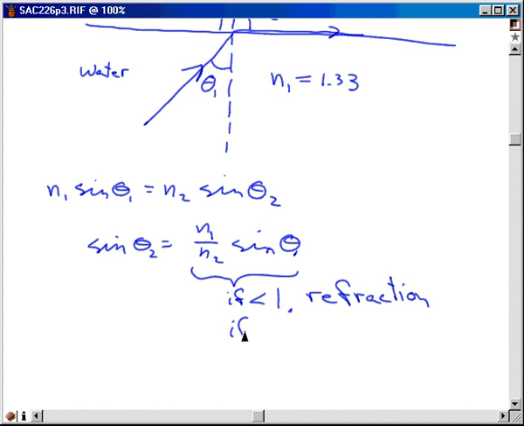If it's greater than 1, I can't take the arc sine of it, because there is no angle whose sine is greater than 1. That would correspond to a case of total internal reflection. The light would remain internal to the water.